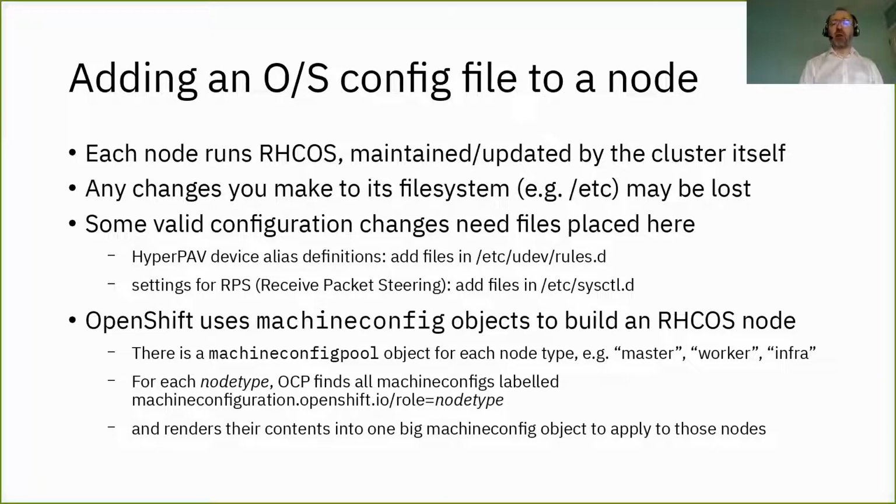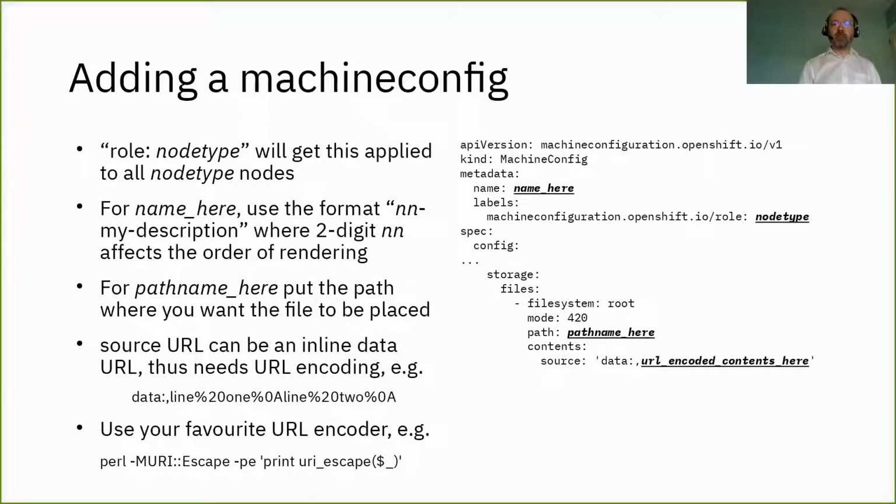And the answer is that OpenShift in general uses these machine config objects to build the files to place into a Red Hat CoreOS node. It sort of does a load and go for most of the data in there, and then on top of that it drops some configuration files, and those are built from these machine config objects.